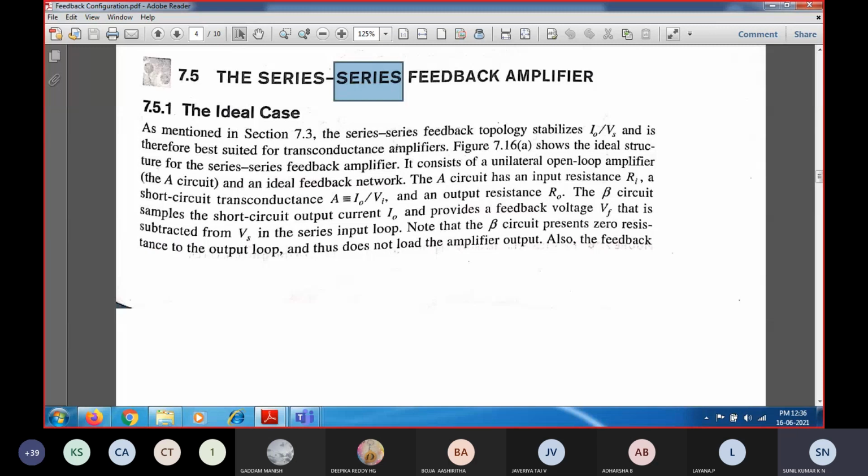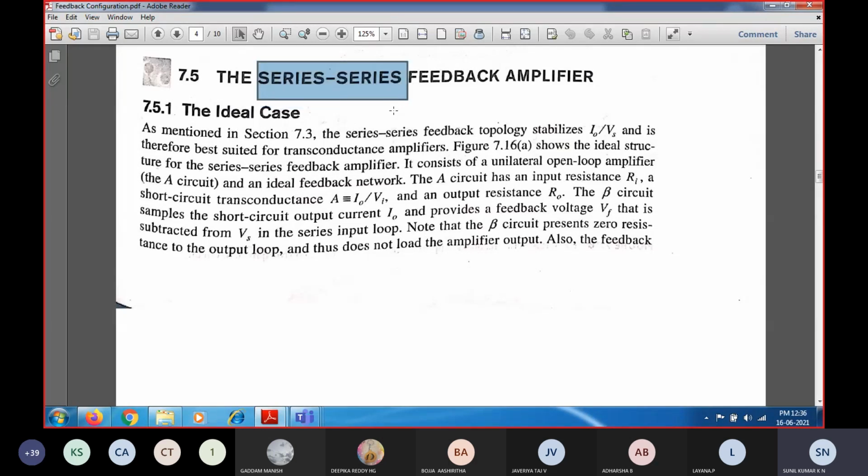So you can say blindly that the final expression is Rif or R naught f. So you're going to have 1 plus A beta times of Ri at the input side with feedback. At the output side with feedback, R naught f will be equal to 1 plus A beta times of R naught.